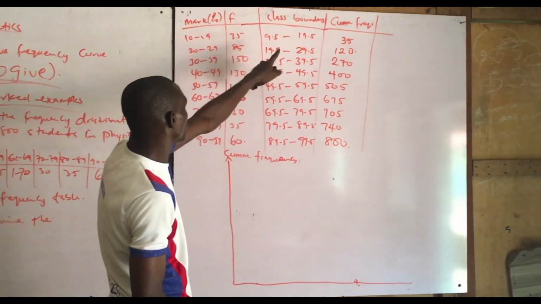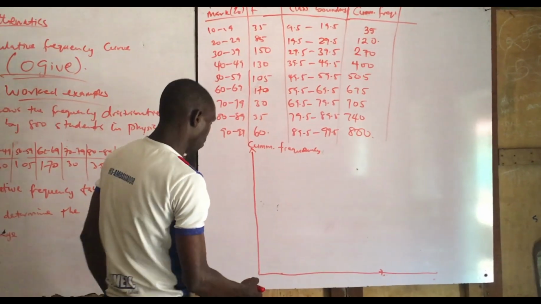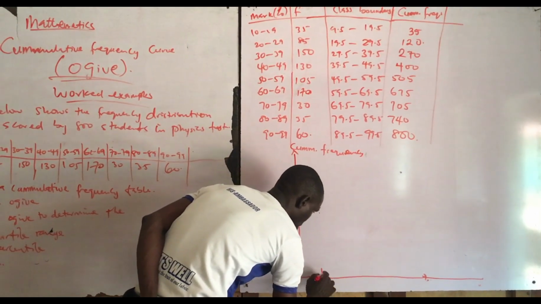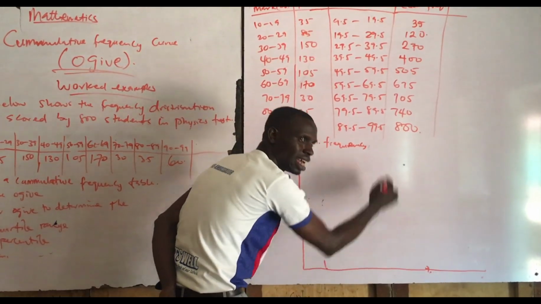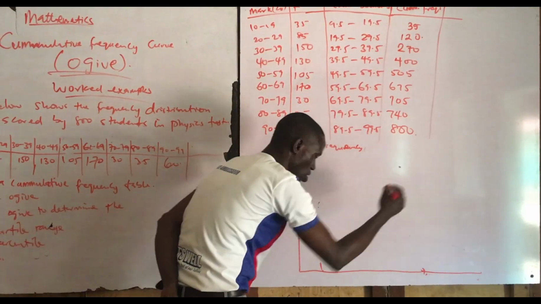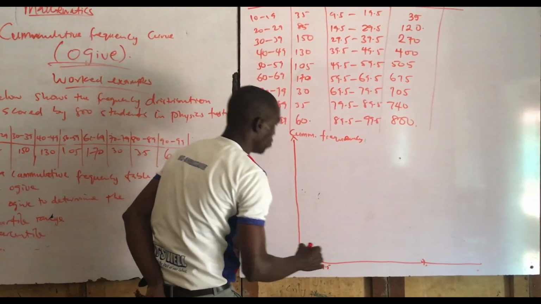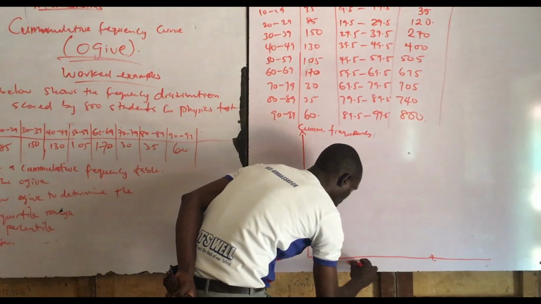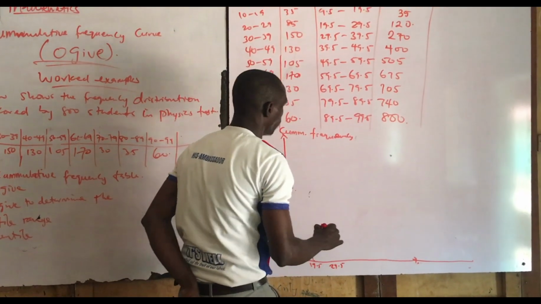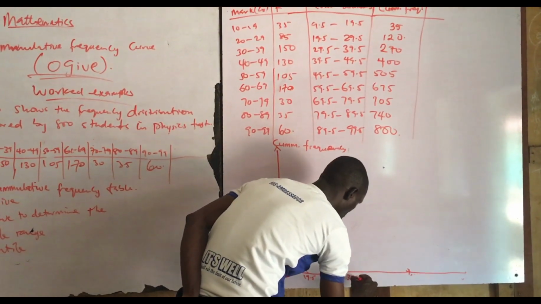So you start from 19.5, first line, this is the first thick line, second thick line, third thick line, fourth thick line. So you have 19.5. In the next thick line you have 29.5. In the next, 39.5.